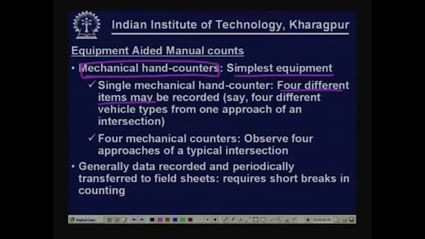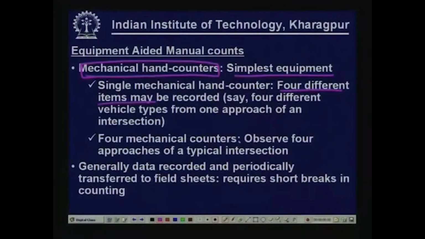So, maybe one person uses a mechanical hand counter to observe traffic volume from an intersection approach and can record 4 different vehicle types. Maybe one is car, another is two wheeler, another is bus, another is commercial vehicles, just as an example. So, 4 different items may be recorded by one hand counter. Suppose we need to record 4 different vehicle types for all 4 approaches simultaneously, then we require 4 mechanical counters to observe the 4 approaches of a typical intersection.